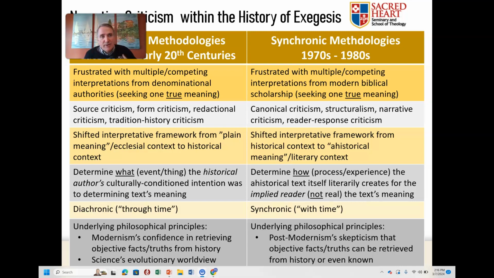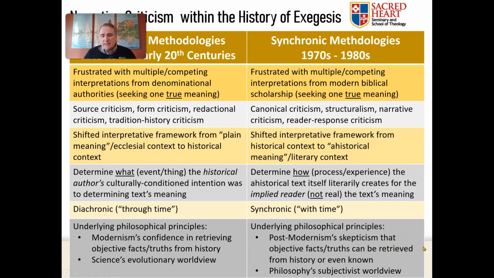How do I presume I can figure out what someone who's been dead for 2,000 years was thinking when they wrote this text? So there was a skepticism that you could retrieve the truth, or even the actual facts of how the text came to be.